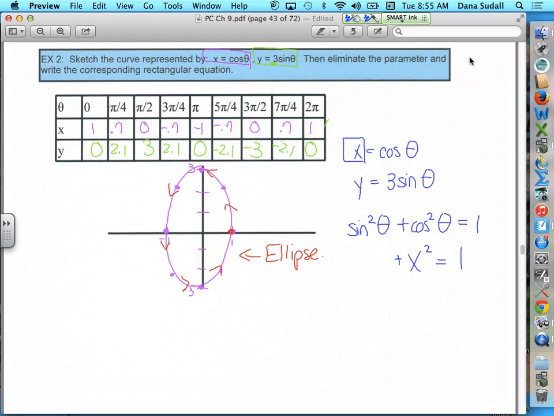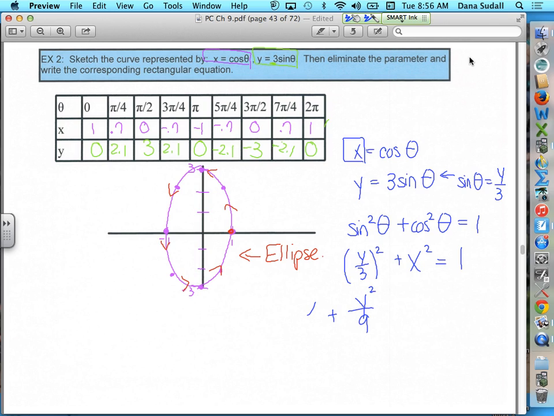And sine squared, well, I don't have sine, but I could solve this equation here for sine. I could make that y divided by 3, and then I would have y over 3 squared. And if I squared the top and bottom, I'd have y squared over 9.